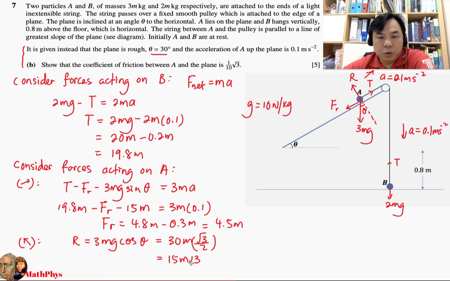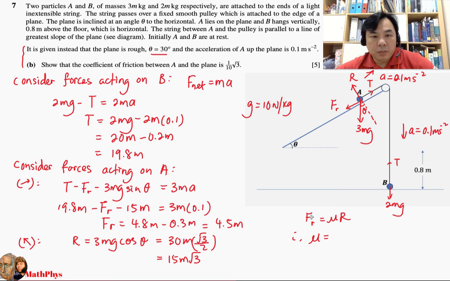root 3 m. Okay, and then knowing that the frictional force, because it's in motion, must be the same as the coefficient of friction multiplied with its normal force. Therefore, the coefficient of friction must be given by 4.5m, which is here, divided by its R, which is 15 root 3 m.